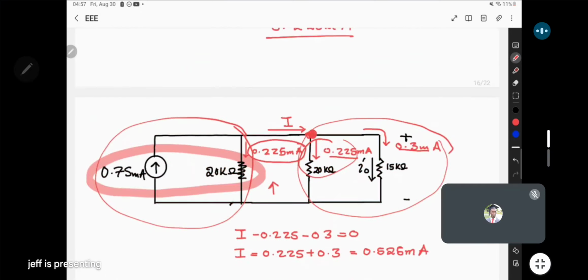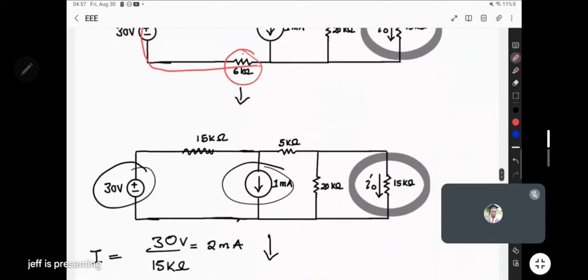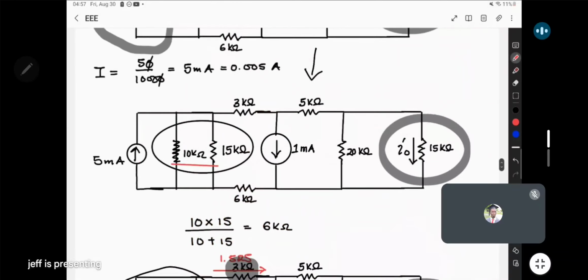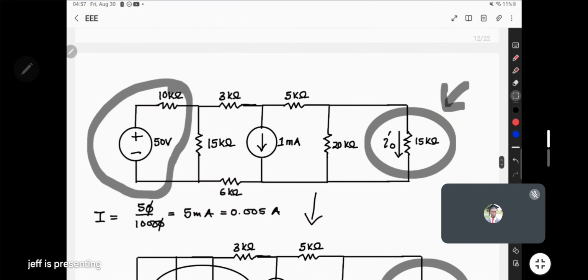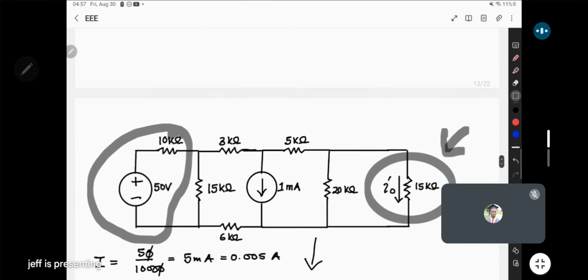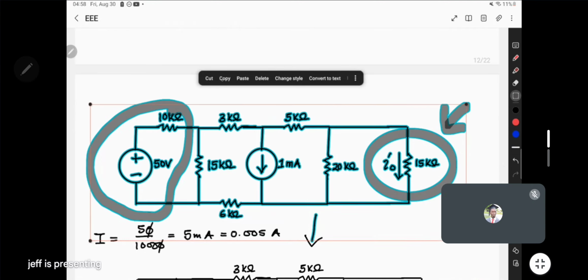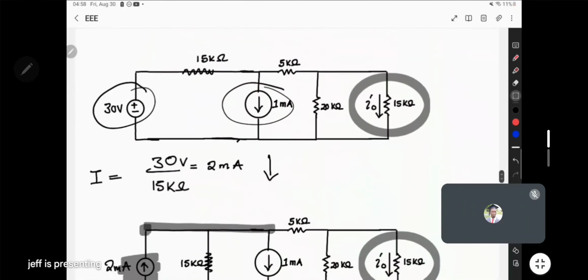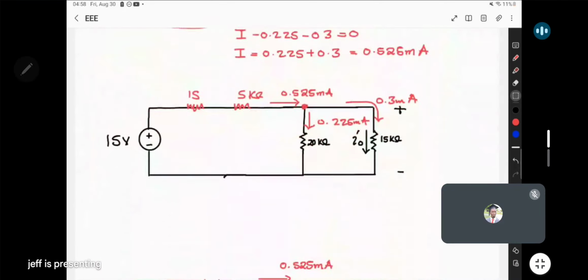Okay, so why do we need that one? Let's get the circuit just before that one. So the one we are on is this one. So just before it, we have this one, which is the starting point. So this is our final one.